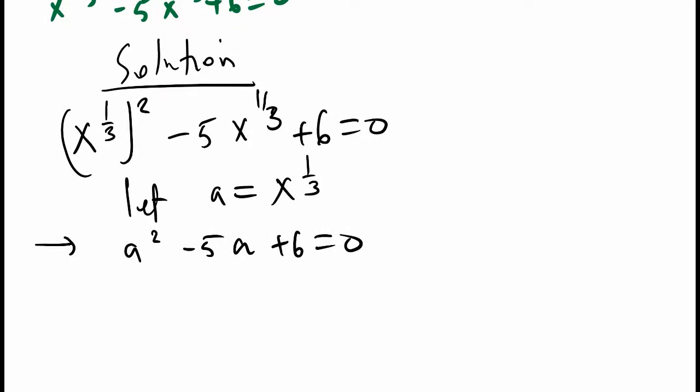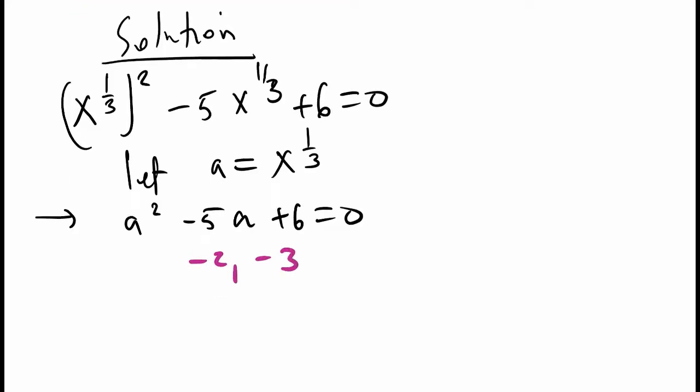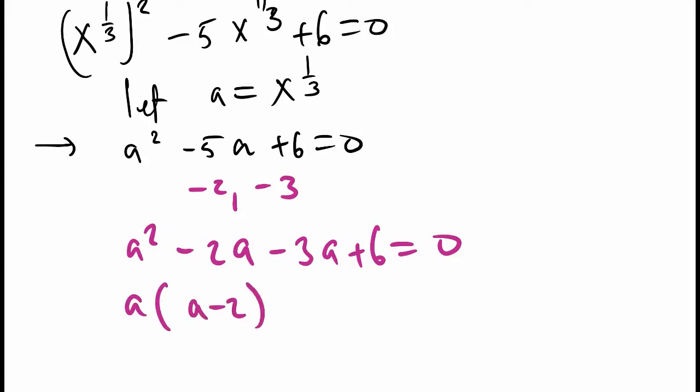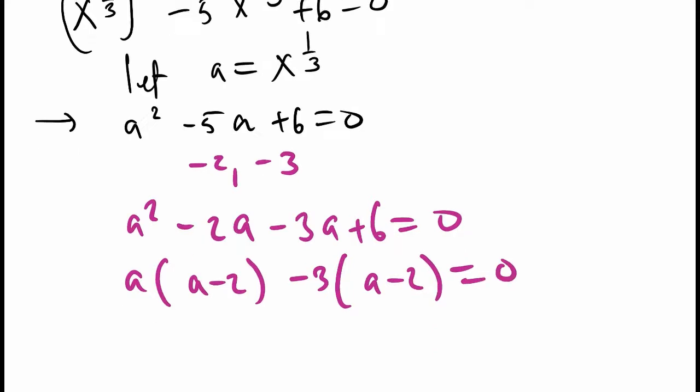Now this is a quadratic equation we can solve. Actually, it is factorizable, so we can solve it by splitting the middle term. The factors are -2 and -3. So here will be a^2 minus 2a minus 3a plus 6 equals 0. You have a(a minus 2) minus 3(a minus 2) equals 0.